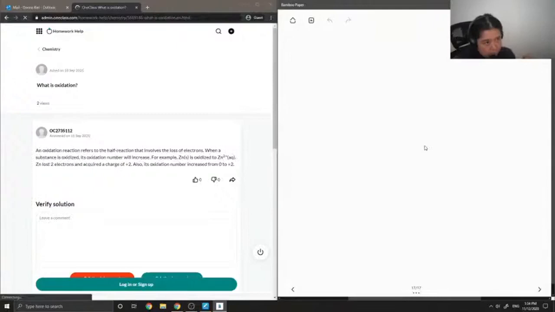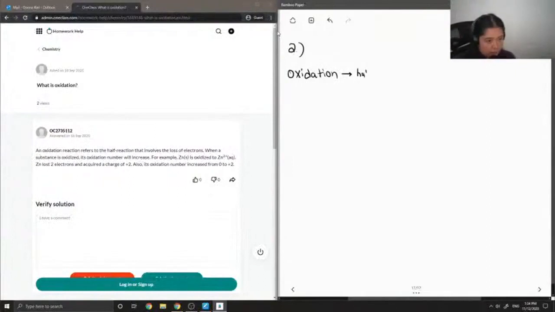What is oxidation? So an oxidation reaction, oxidation. So oxidation reactions are also known as a half reaction.